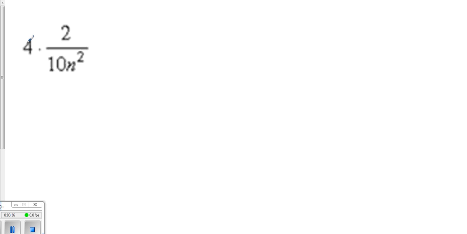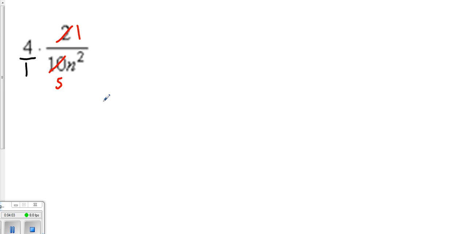In our next one, we've got 4 times 2 over 10n squared. Right now, this looks like a whole number, but remember, any whole number, you can make a fraction by putting it over 1. So it's 4 over 1 times 2 over 10n squared. Looking first at 2 and 10, we'll cross out and make it 1 and 5.